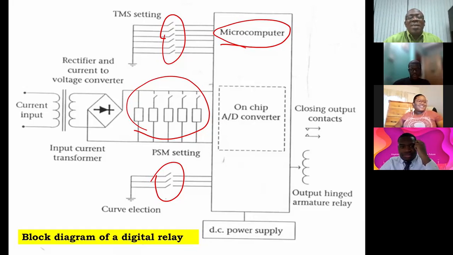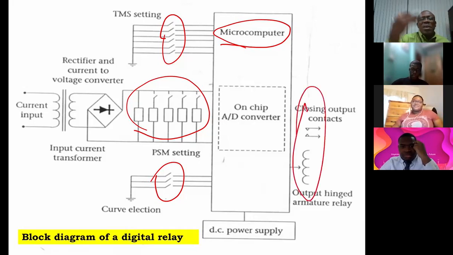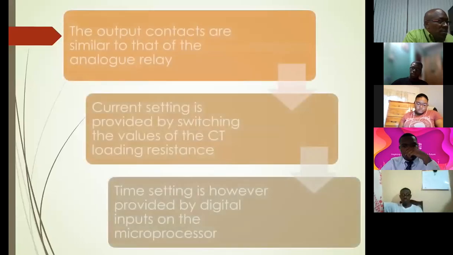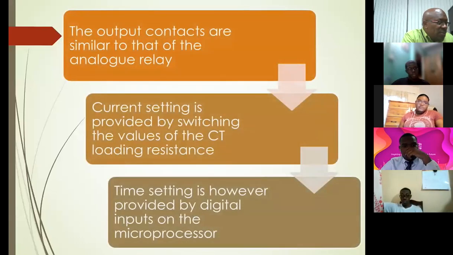All right. So again, similar to the analog, the same mechanism is used for connecting to the power system. The current setting, we simply switch the values of the CT loading resistance, which we showed here.